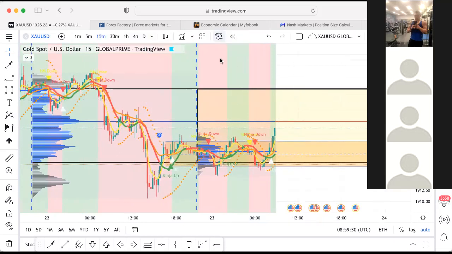And I'm getting these first targets from yesterday's volume profile. So as I pointed out earlier, if you look at this area here, I'll see if I can make that slightly clearer by moving the indicator.